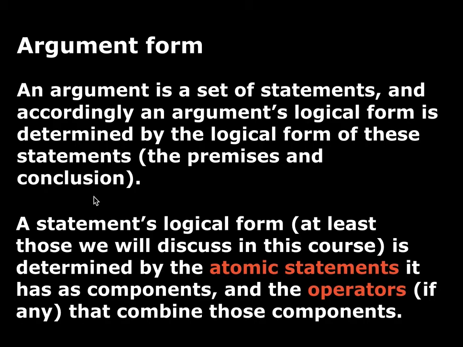The basic idea is we want to know what an argument's form is to be able to assess validity. An argument is a set of statements, so that means the first thing we need to do is figure out how to understand a statement's form, the form of a given statement. And this distinction between atomic, compound statements and operators is basically how we're going to get at that form. And that's what I'm going to be explaining right now.